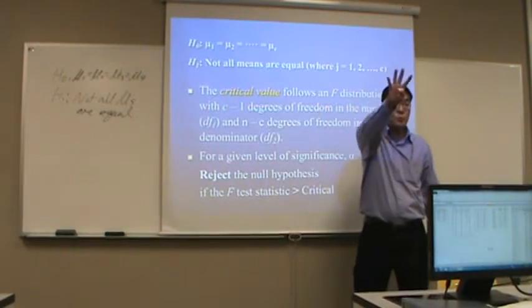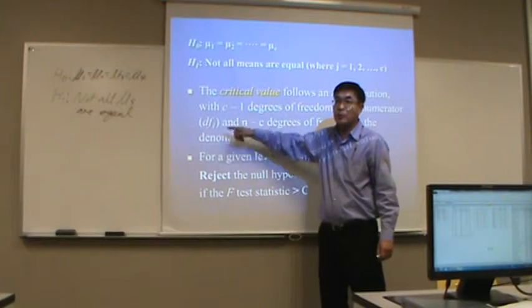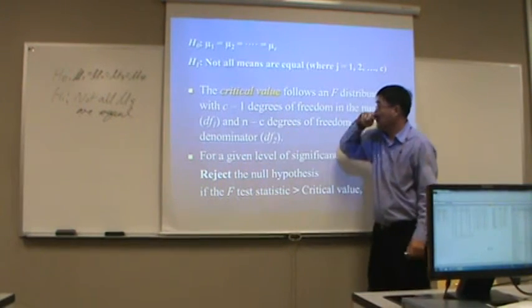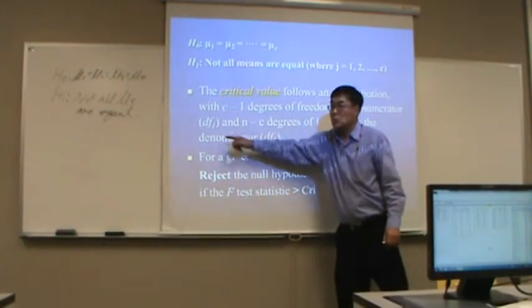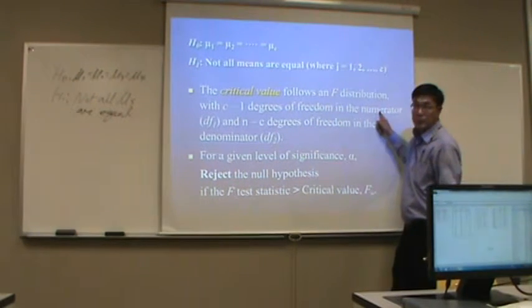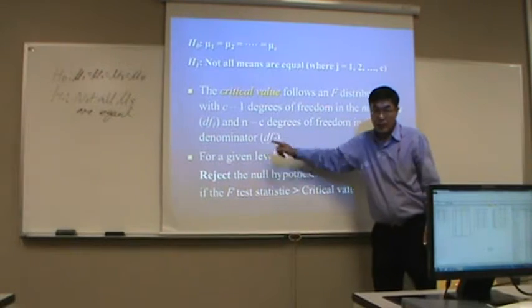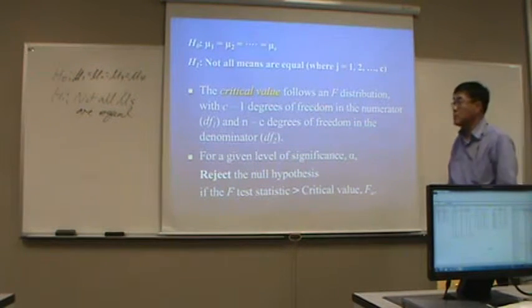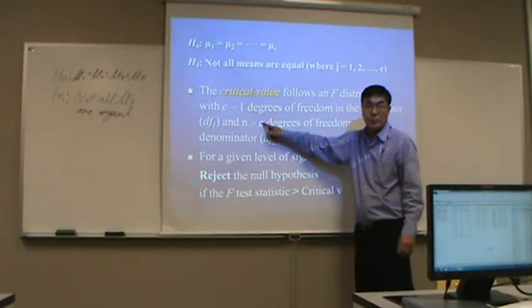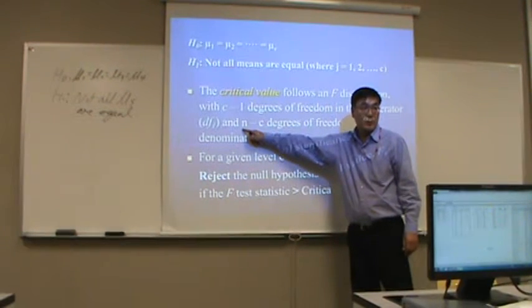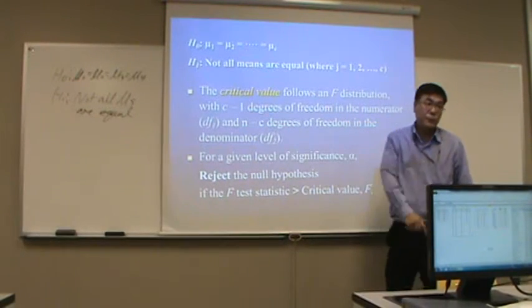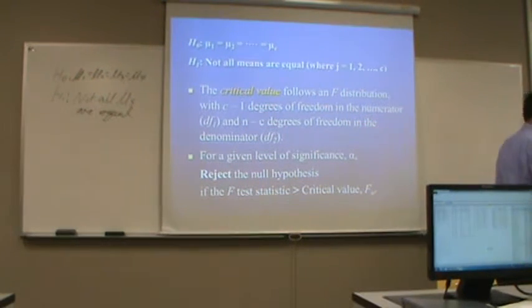If there are 4 groups, C minus 1 is 4 minus 1, 3. We call that df1 or numerator. And then df2 is N minus C. If there are 20 and 4, that is 16, df2 or denominator.